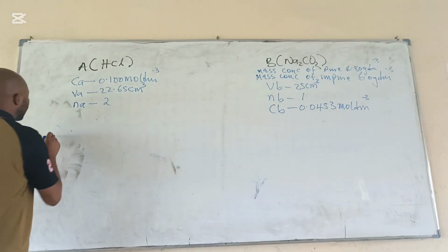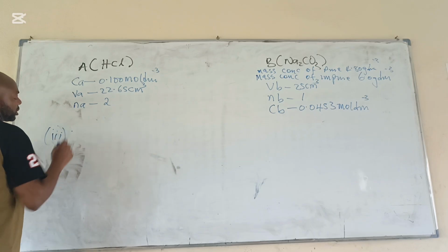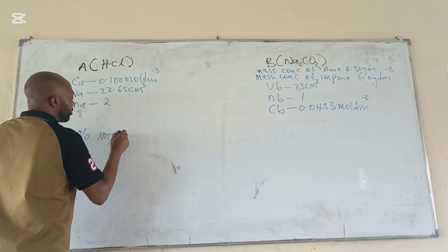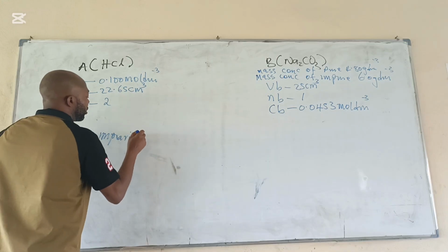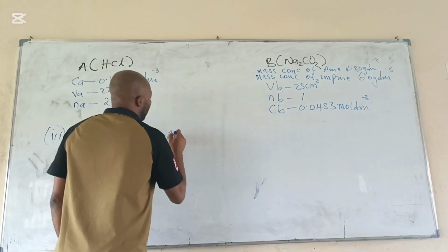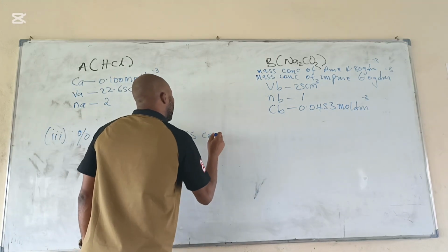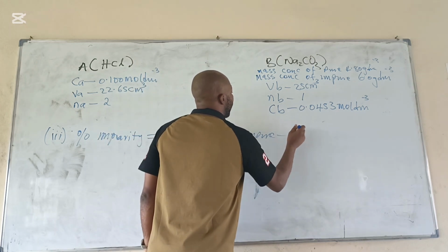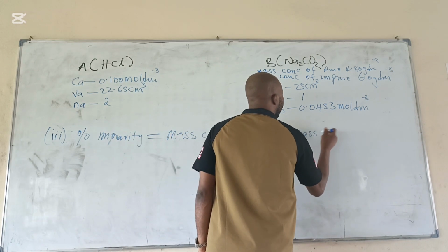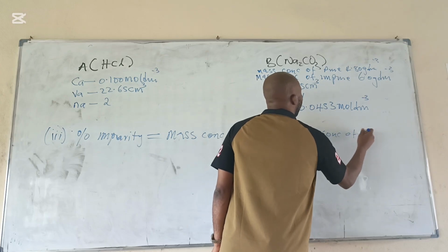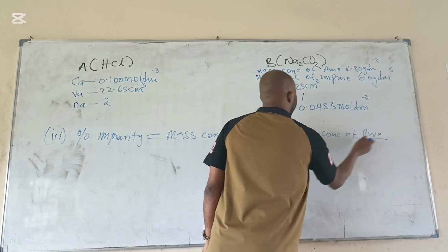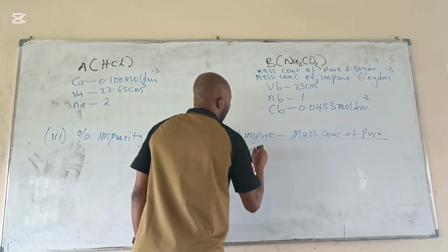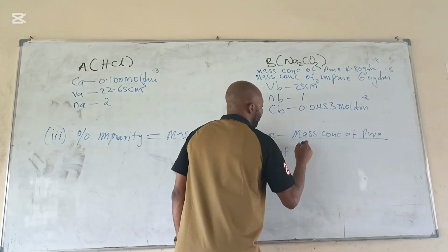So the last one is percentage impurity is equal to mass concentration of impure minus mass concentration of pure over mass concentration of impure.